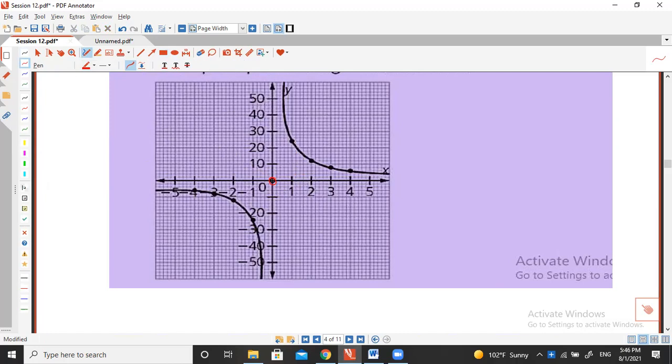One and 24 is here. Please do it with me and send it to me in WhatsApp now. 2 and 12, 3 and 8, 8 is almost before 10, 4 is 6. And then you join them.